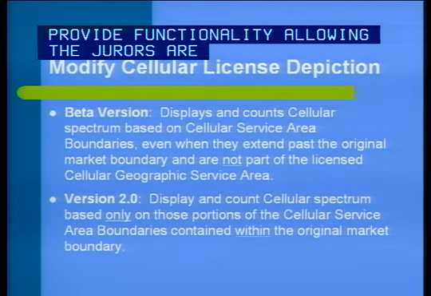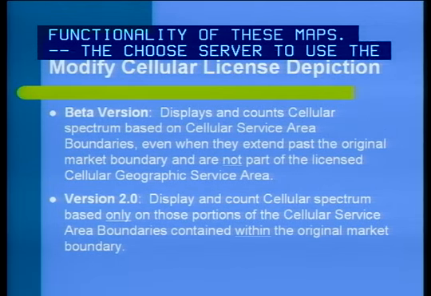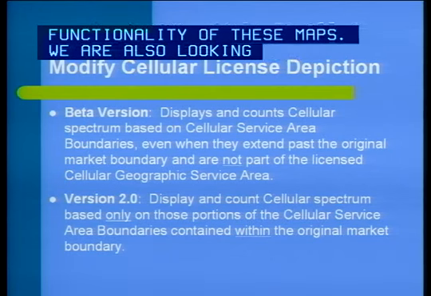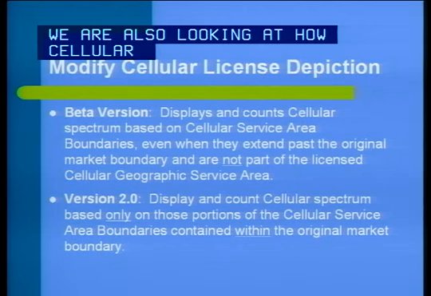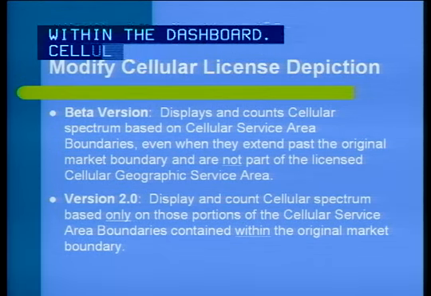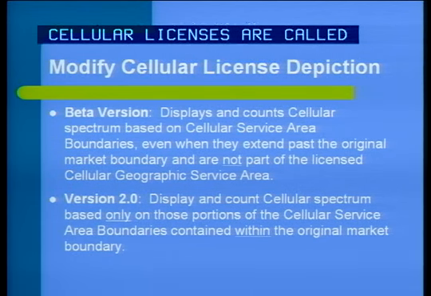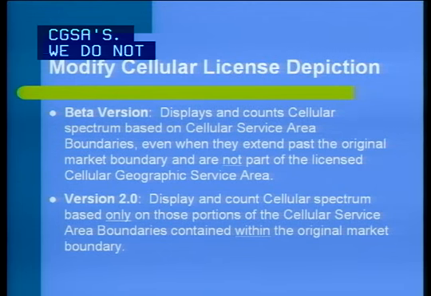We're also looking at modifying how cellular licenses are depicted in the dashboard. Cellular license or exclusive license areas on cellular licenses are called CGSAs. We do not have the CGSA boundaries for cellular licenses in electronic format, so we cannot put them in the dashboard.